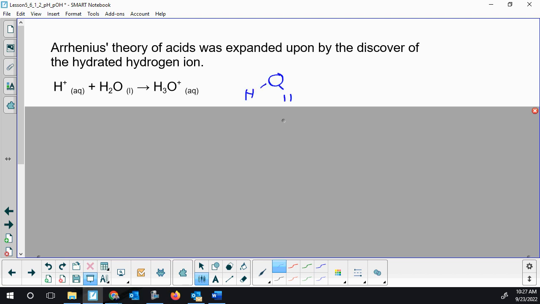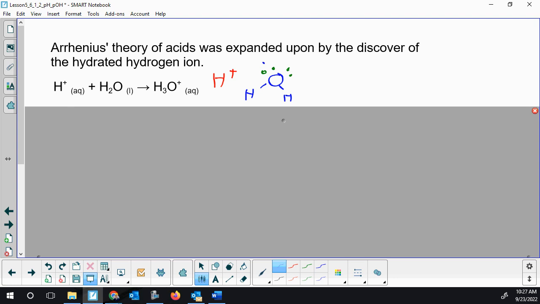Now the structure of water, H2O, is bent, and there are 2 lone pairs on water. So when an acid ionizes and makes an H+, a positive species, it's going to have a strong attraction for the electrons.